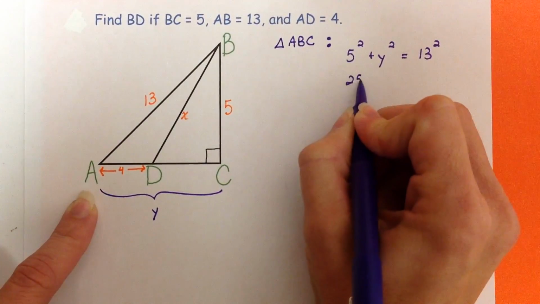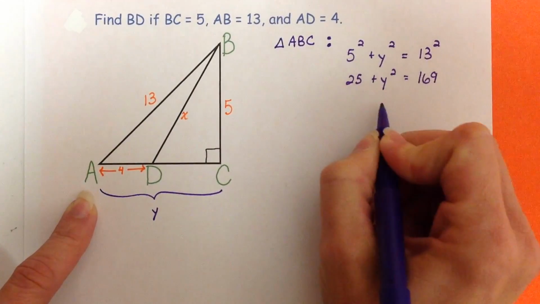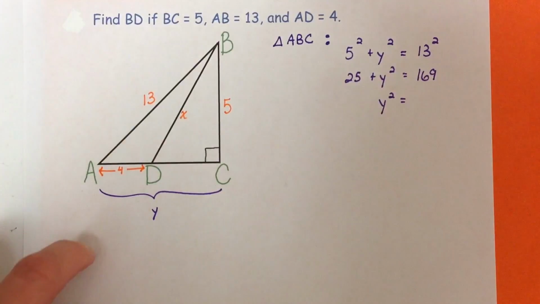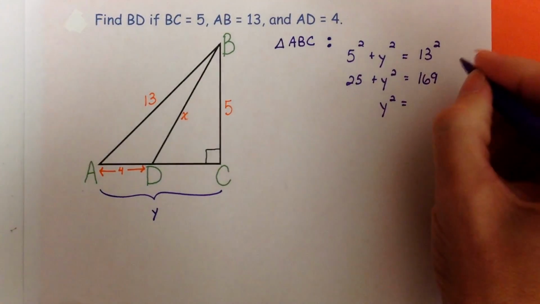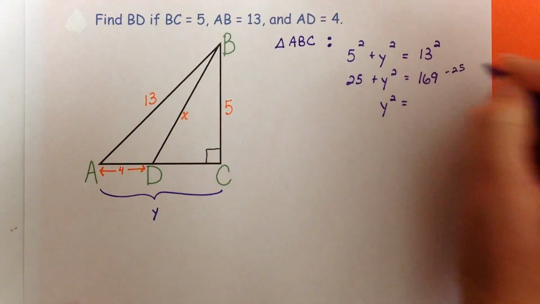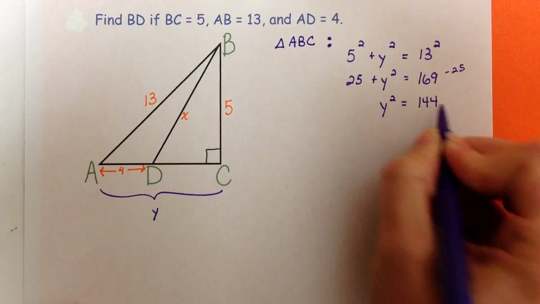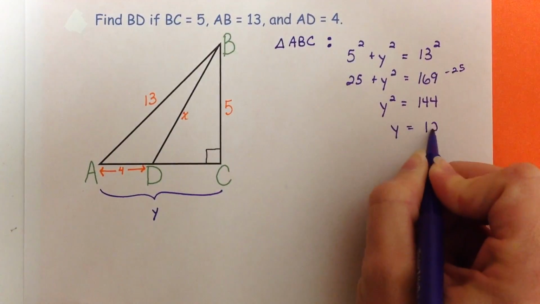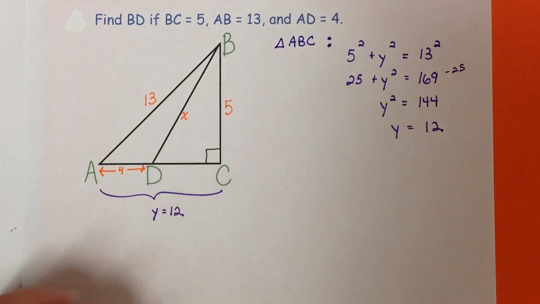That gives me 25 and 169. If I take the 169 and subtract the 25, that will leave me with 144. The square root of both sides gives me 12. So this distance is 12.